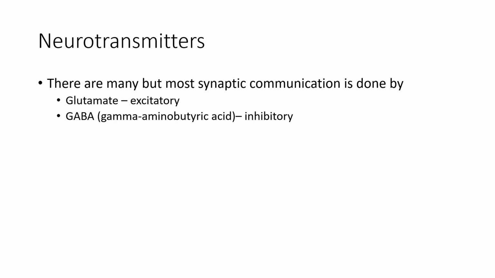Also, GABA, or gamma aminobutyric acid, we'll call it GABA for short. This is an inhibitory neurotransmitter. So this is more of that calming chemical. This is going to reduce activity. And then finally, glycine. This is also inhibitory, and it's found in the spinal cord and lower brainstem.